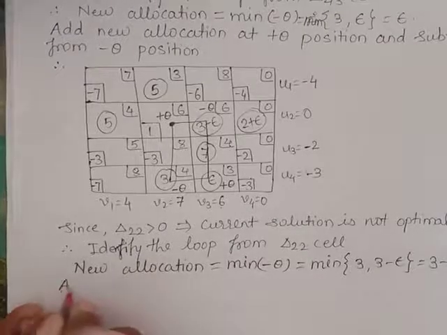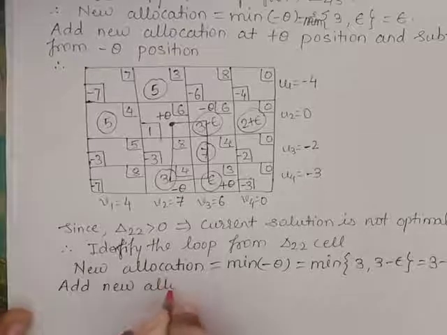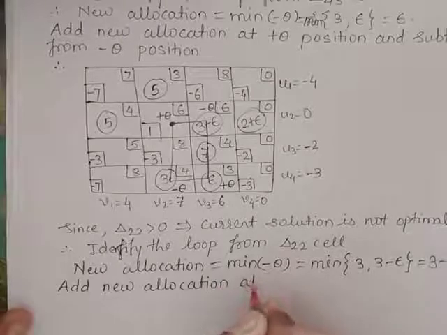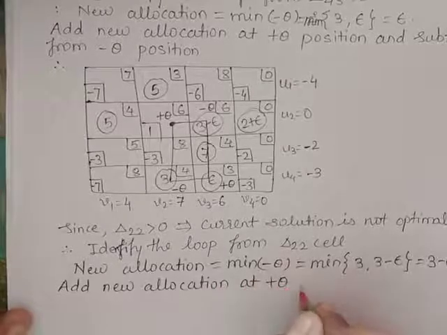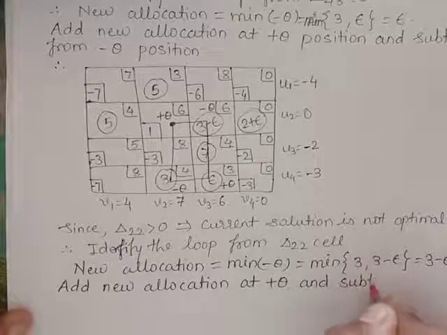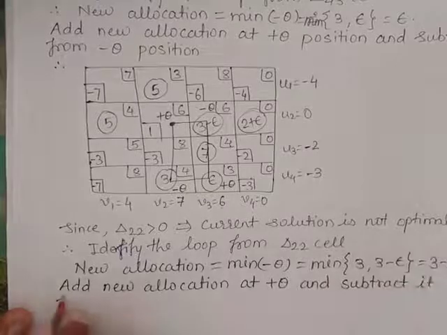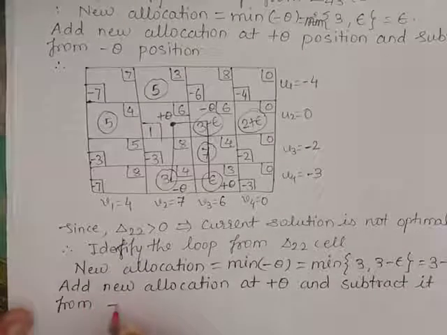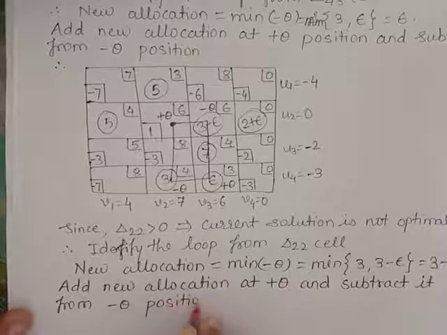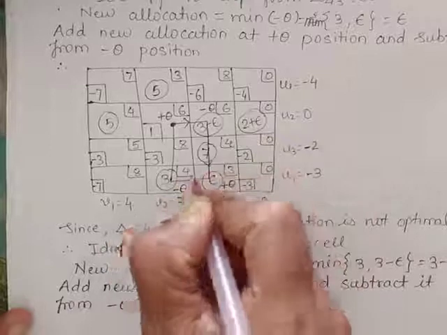So we add that new allocation at plus theta position and subtract it from minus theta position. So here there will be a loop.